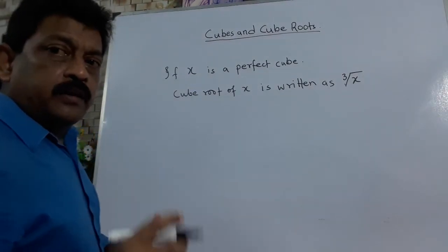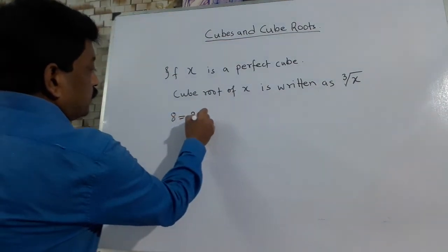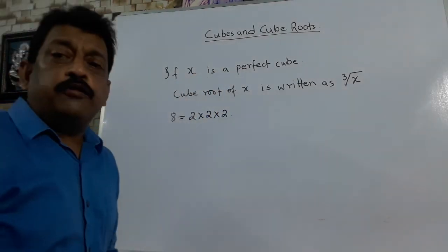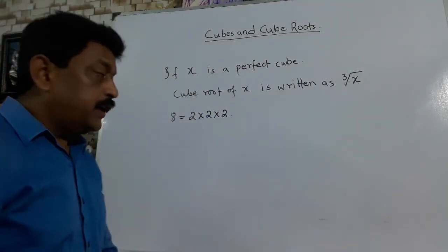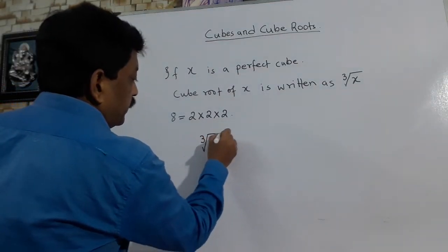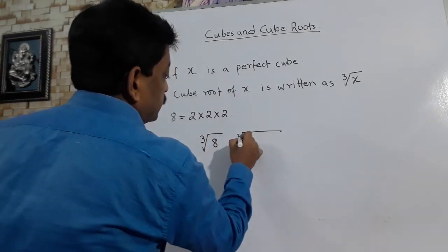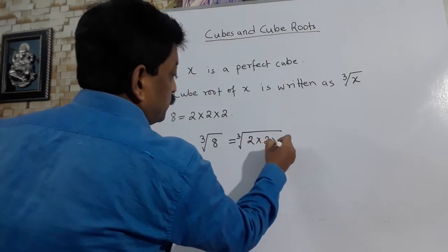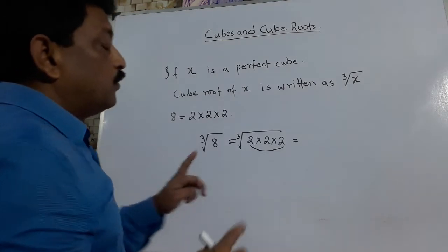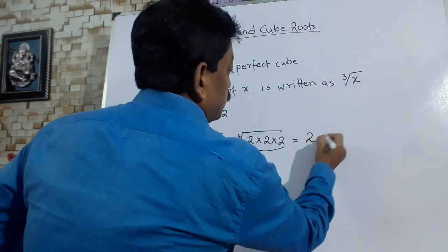We know that 8 is a perfect cube because 8 is written as the product of 2 into 2 into 2. So if we have to find the cube root of 8, then it is usually written as cube root of 8, and its value is 2 into 2 into 2. Since it is forming a triplet, only one number out of the triplet will come out and the result will be 2.